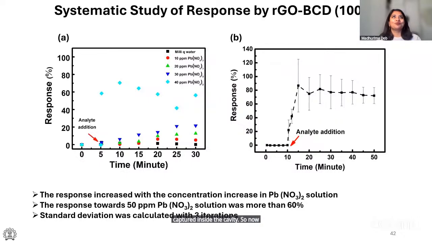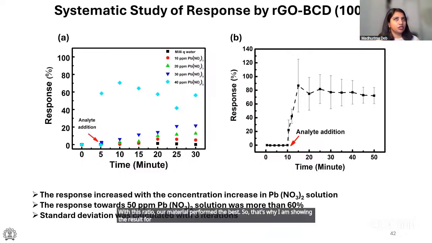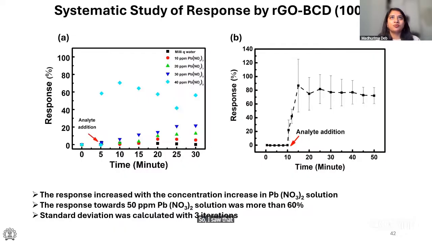So now I will jump to the systematic study of the response of the final material. I used different concentrations of BCD, and I saw that for RGO-BCD 100:1, with this ratio, our material performed the best. So that's why I am showing the result for only this ratio. For the lower concentrations at 10 ppm or 20 ppm, it was below 20%.